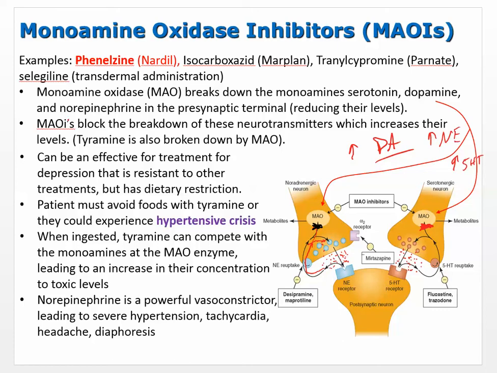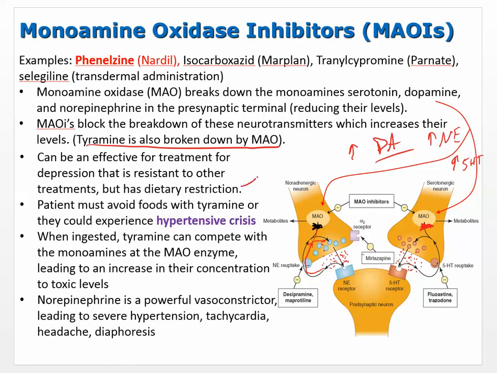Now, there's one little thing here. I have tyramine, which is an amino acid. It's also broken down by MAO. That's going to be hugely important, the most important thing about monoamine oxidase inhibitors, because they are effective as a treatment for depression, and a lot of times they're used for depression that's resistant to other treatments, but there is a dietary restriction.